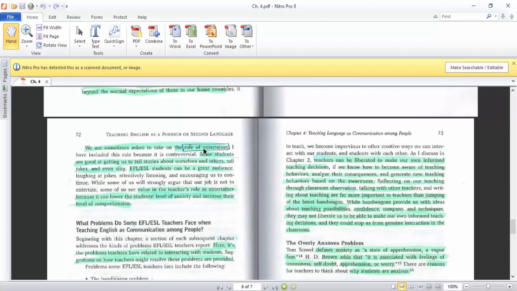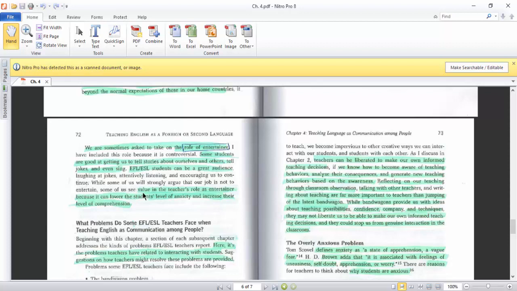If the role of the teacher is entertainer, some students are good at getting us to tell stories about ourselves and others, tell jokes, and even sing. EFL students can be a great audience, laughing at jokes, listening attentively, and encouraging us to continue.